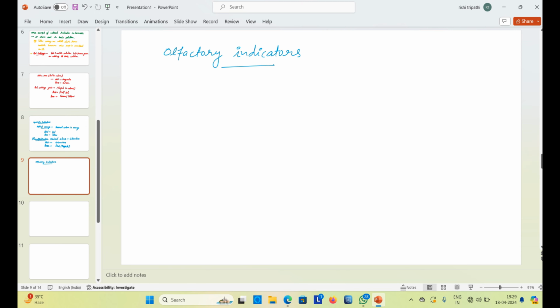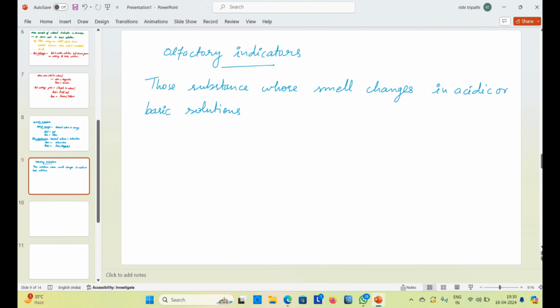Those substances whose smell changes in acidic or basic solution are called olfactory indicators. Smell changes.